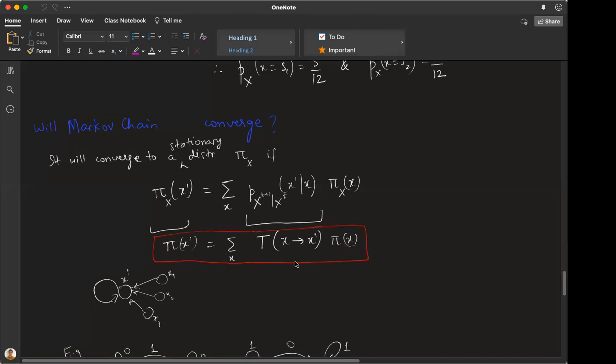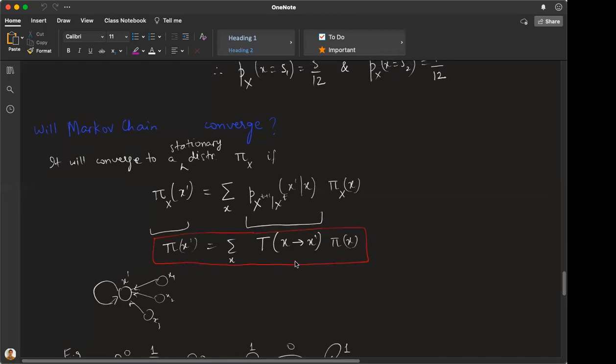So let me zoom out. What I'm saying is there is an interplay between transition probabilities and state probabilities. The state probabilities are stationary if my transition probabilities satisfy this condition, or my transition probabilities will converge to this if such a pi exists.